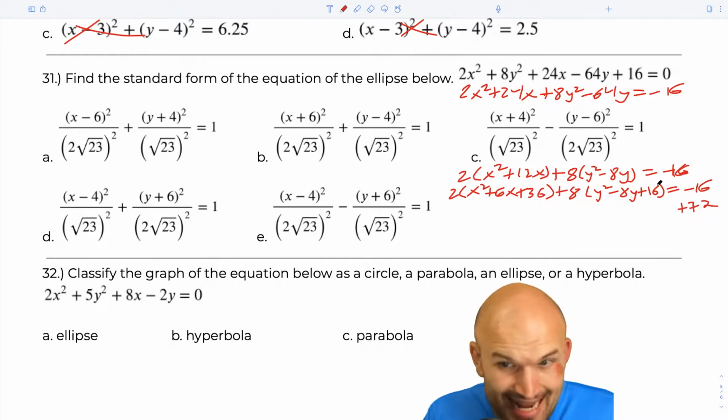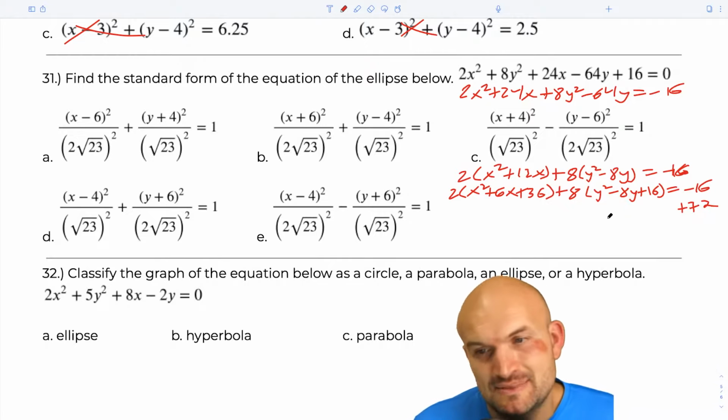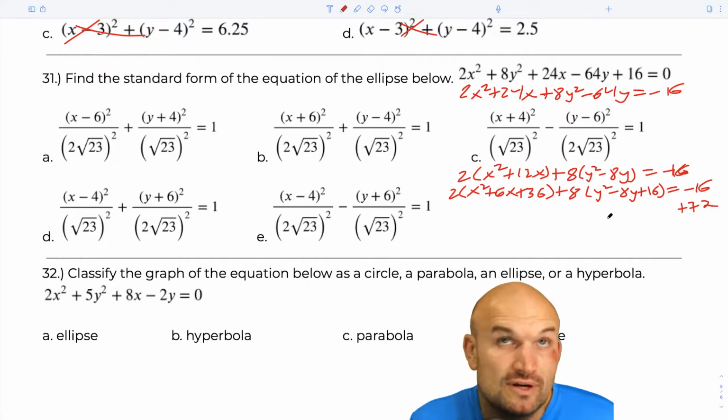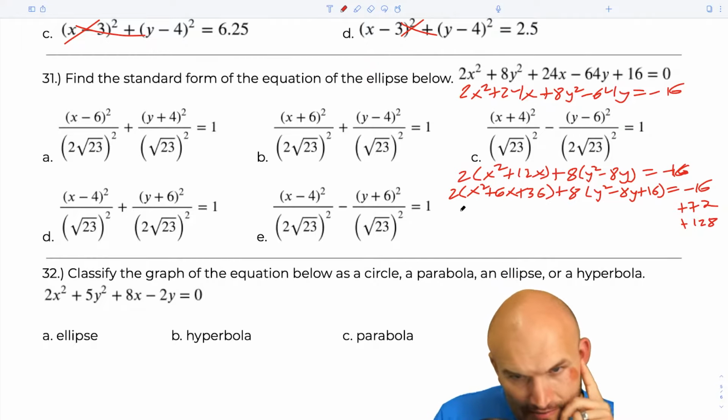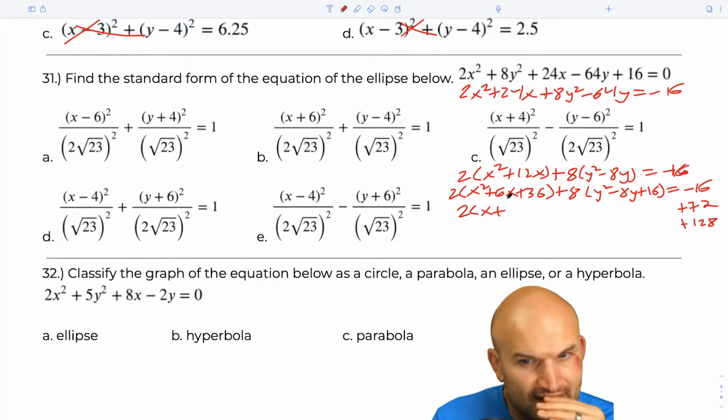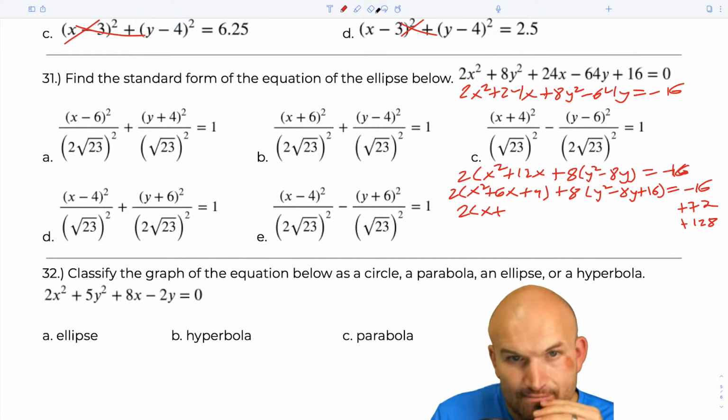And then over here, you're going to add 16, that's going to be times 8. 8 times 16 is 128, if I'm doing my math correctly. Oh, I didn't do my math correctly. That's a 9. Dang it. That's a plus 9 when you complete the square. So that's going to be plus 18.